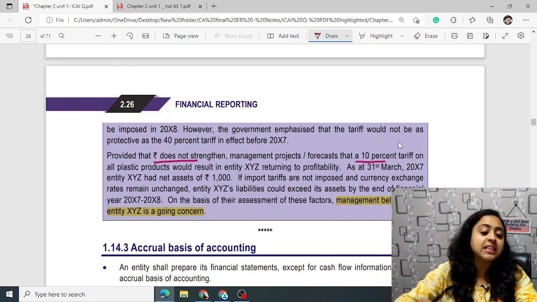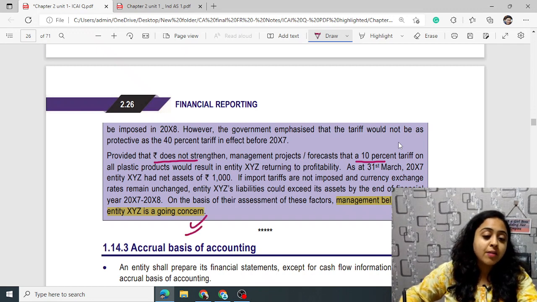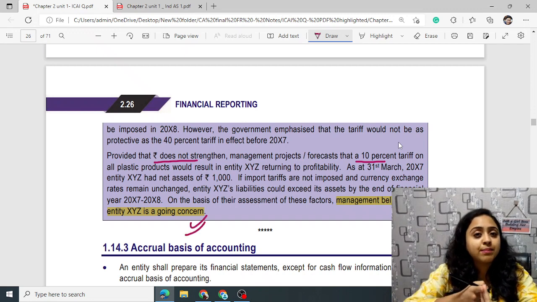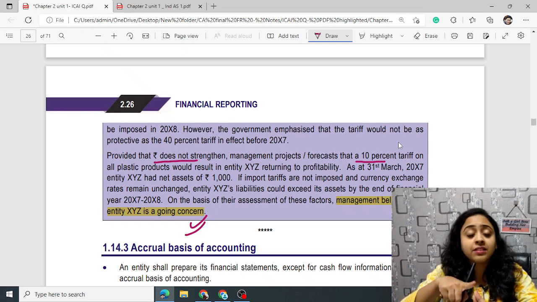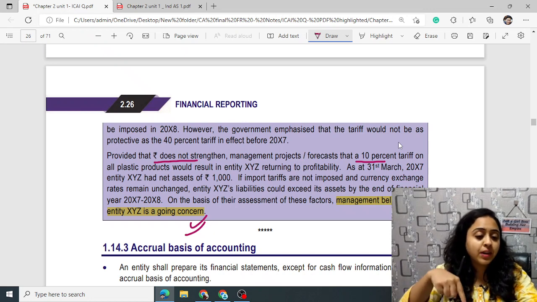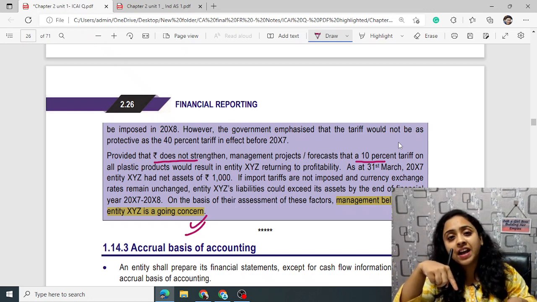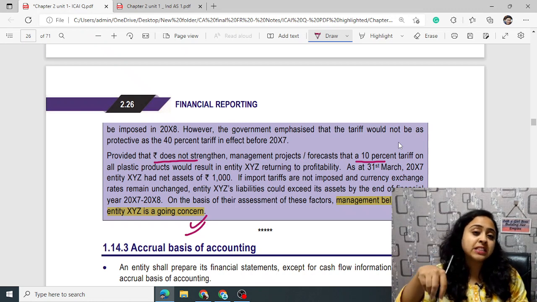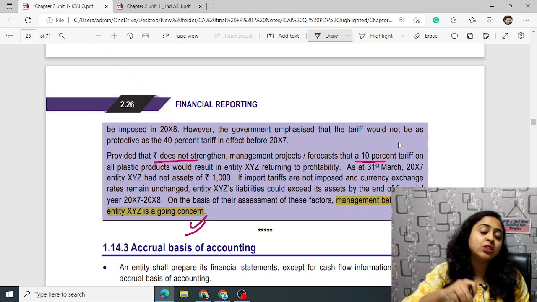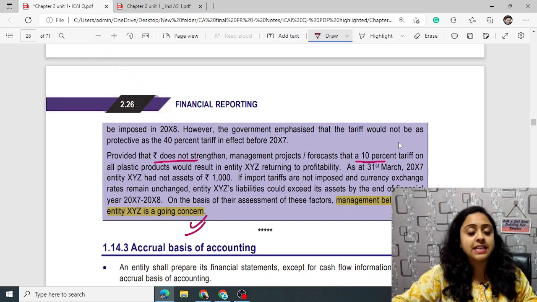Management believes that XYZ is a going concern for two reasons: first, reinstatement of import tariffs will make it profitable again, and secondly, the currency rate is stable. These two important facts support their going concern basis. But in case of any uncertainty, they have to disclose the effects of those uncertainties as well.